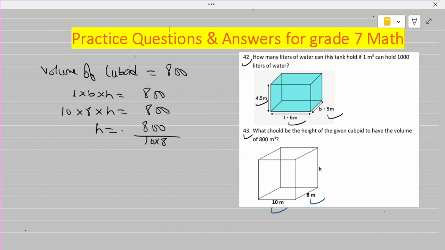By 10, 800 becomes 80, since 10 into 80 is 800, and by 8, 80 becomes 10. So the height is 10 meter. Therefore the height of the cuboid is 10 meter. I made number 43 clear. Now next we go for 44.